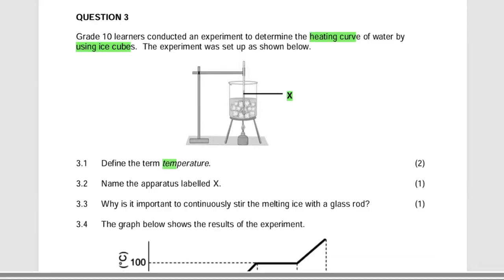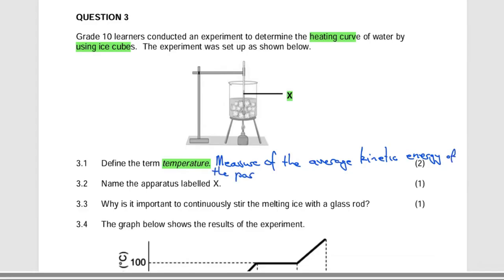Then they're saying define temperature, right? I would advise you to make use of your exam guide and try to memorize all these definitions, because they are very important. So temperature is the measure of the average kinetic energy of the particles, right?